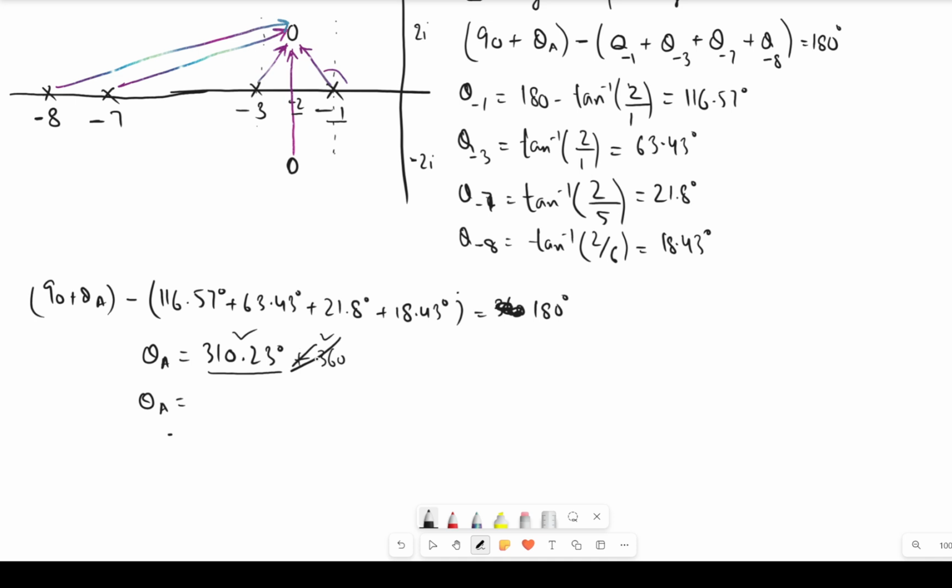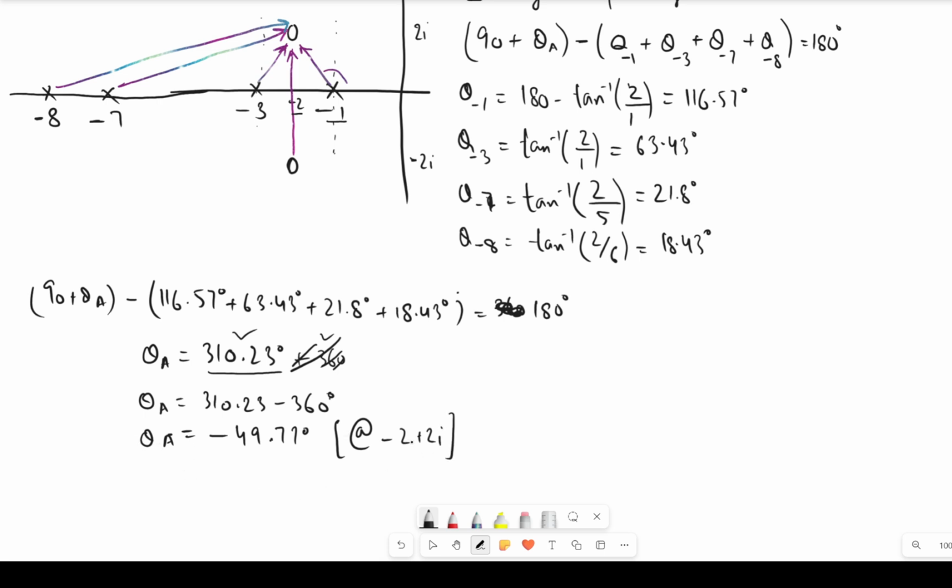So instead of adding, I am going to subtract this value. So 310.23 minus 360, and I will get minus 49.77 degrees for theta A. So this is our angle of arrival at this 0, which is at minus 2 plus 2 iota.